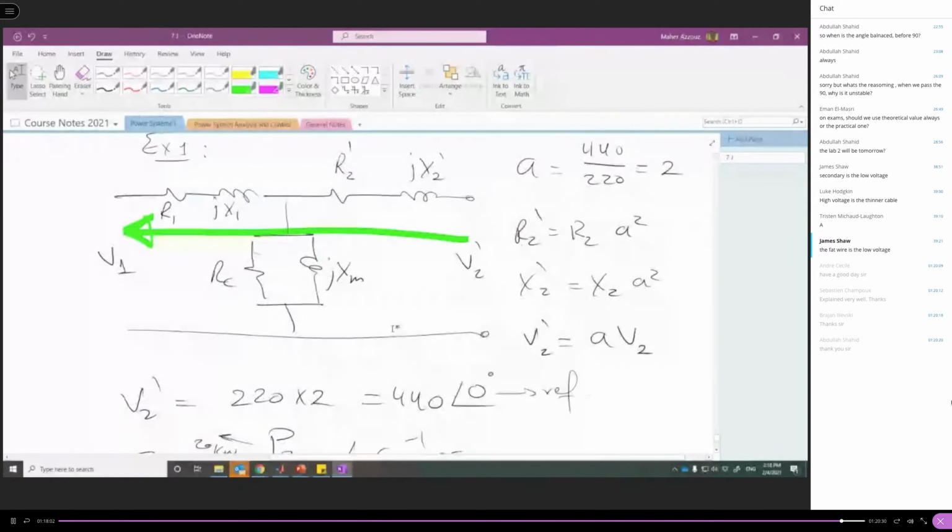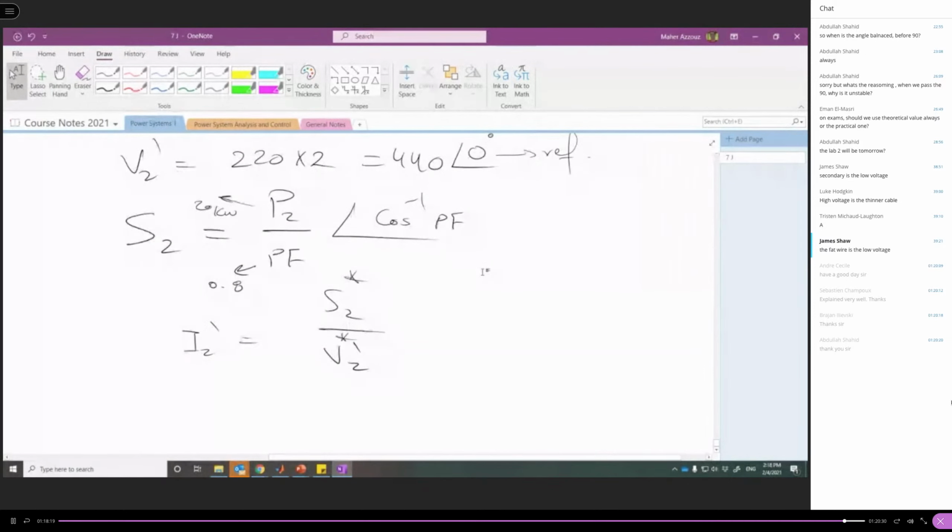If you get I2 dash, which is here, you can get the voltage across the shunt element, which is E. The voltage here is E1 or E2 dash. So E1 is equal to V2 dash plus I2 dash times R2 dash plus JX2 dash.